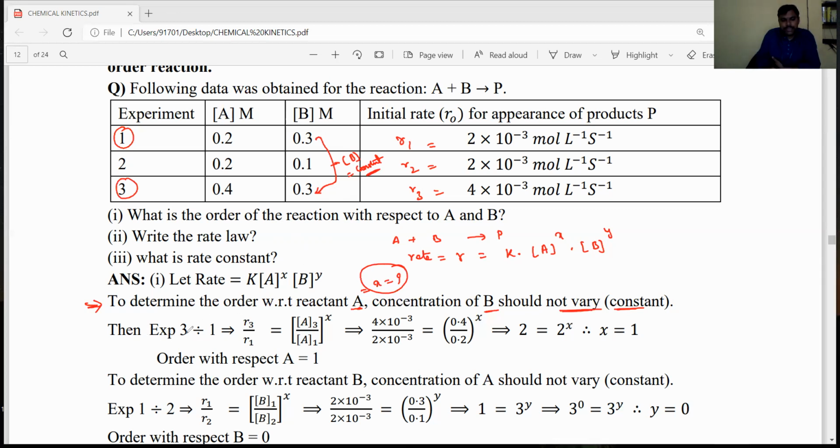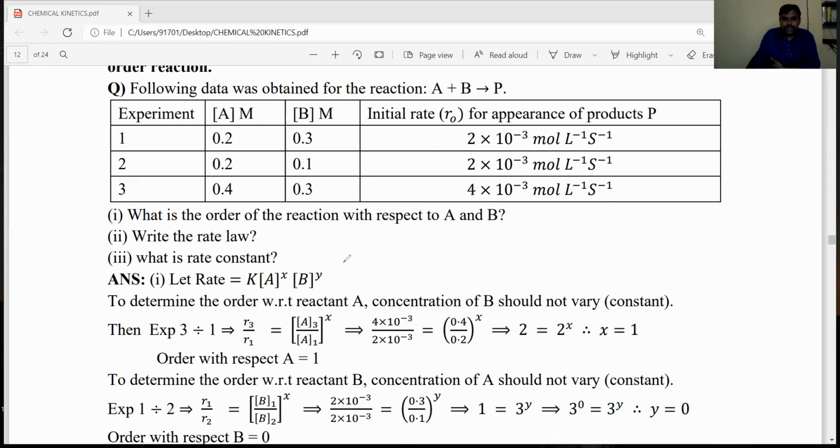In the above experiments, you have to do experiment 3 divided by experiment 1. If you are doing that, what will we get, dear students?